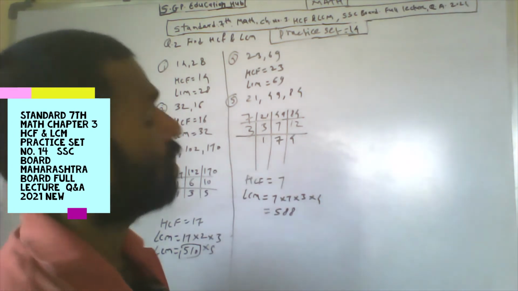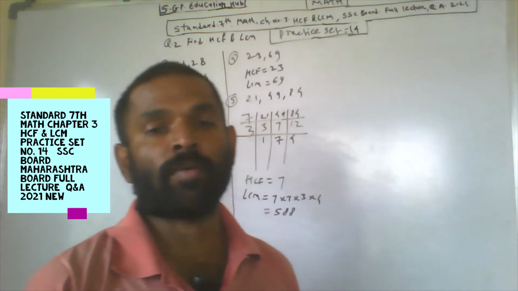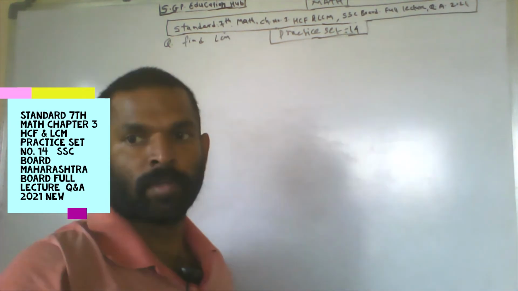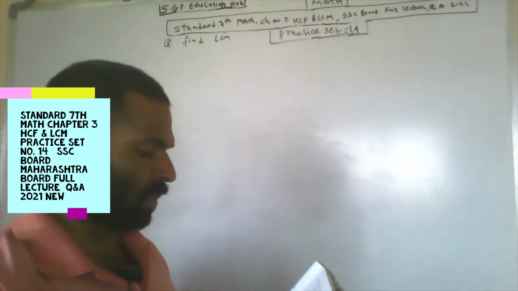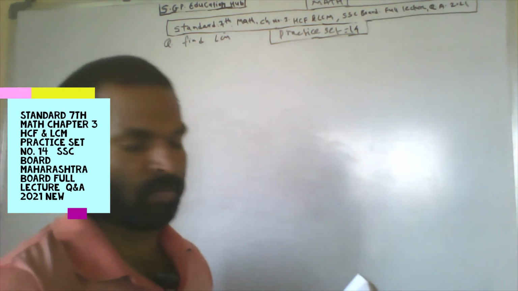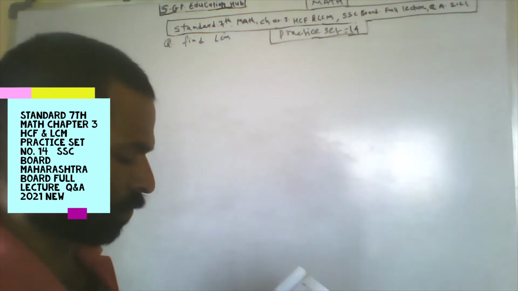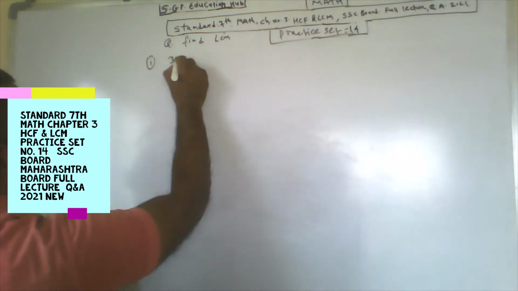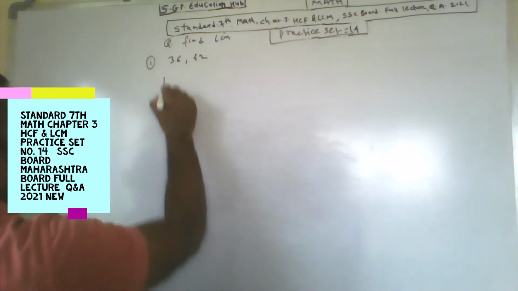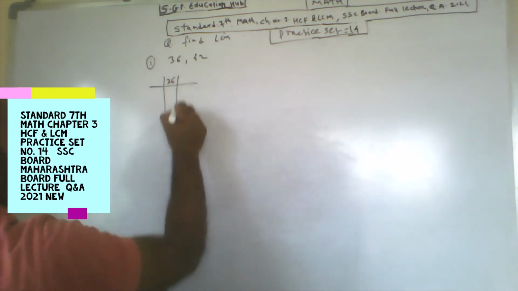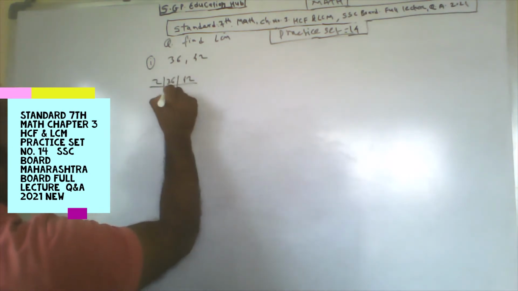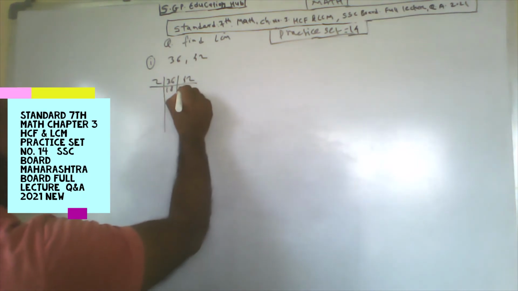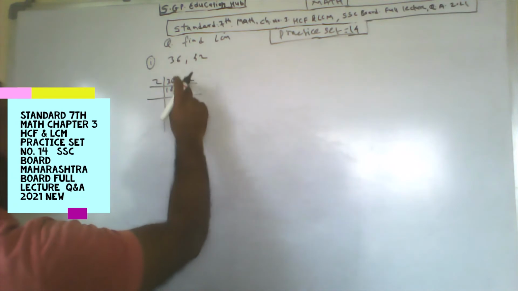So guys, now we are going to solve question number 3. In question number 3, find only the LCM. There are 5 sub questions. Question number 1: 36 and 42. Both are even numbers, so 2 18s are 36, 2 21s are 42. Then 2 9s are 18, 2 1s are 2.